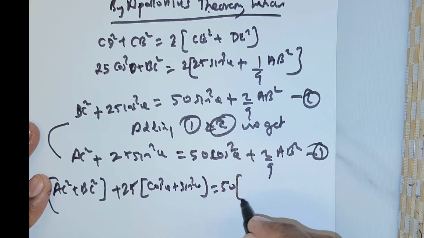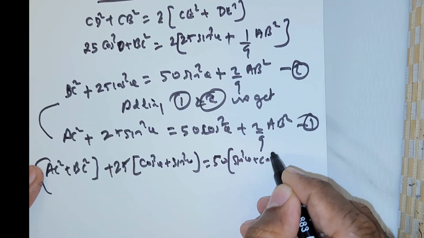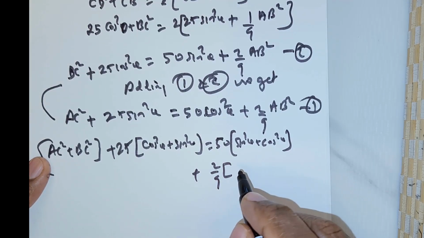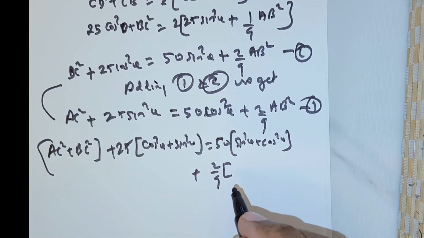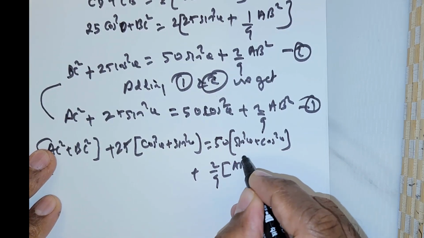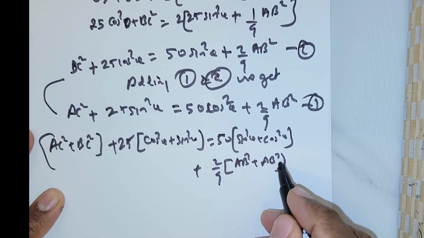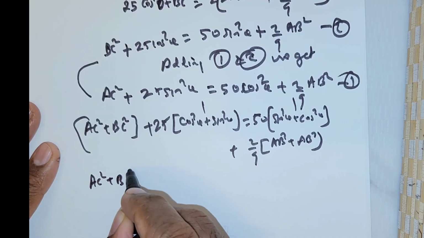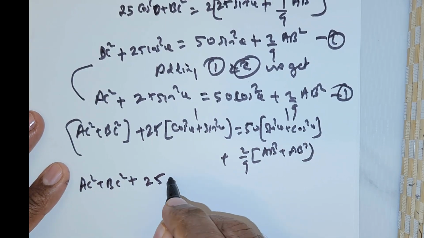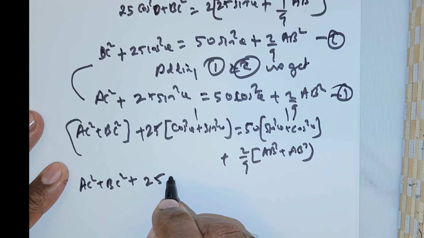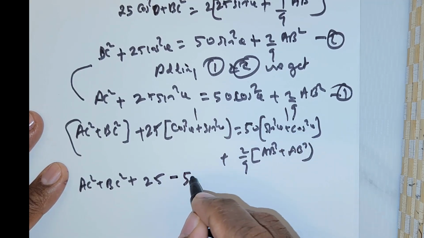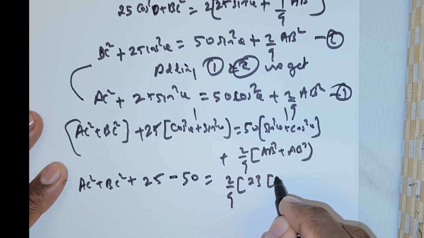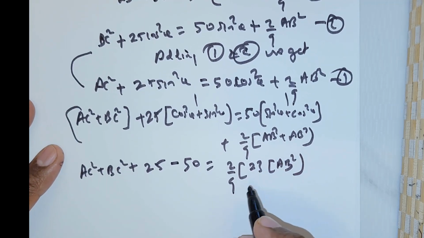You add these, you get 50 times sine squared theta plus cos squared theta. You add these, you get 2 over 9 AB squared, and another 2 over 9 AB squared. So you have AC squared plus BC squared, 25, you bring 50, and on the side 2 times 2 over 9 AB squared.